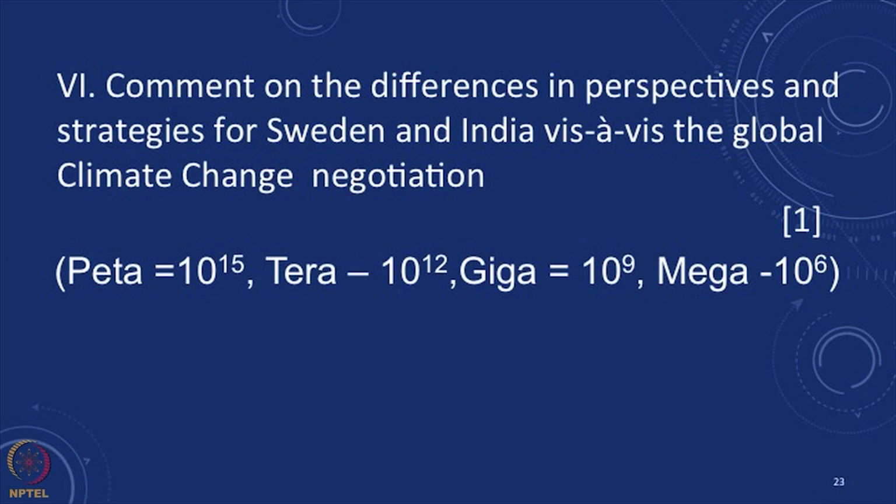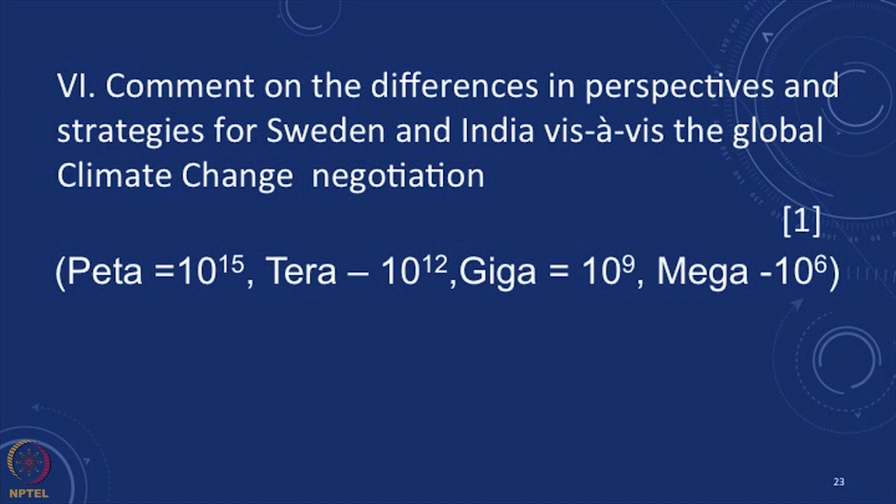It is fortunate that it already has a mix of energy which is less carbon, where the CO2 per unit of energy is lower than that of India or of the world average. The negotiation strategy for Sweden would be where it is trying to stabilize, and it is one of those countries which has already utilized a reasonable part of its CO2 budget.